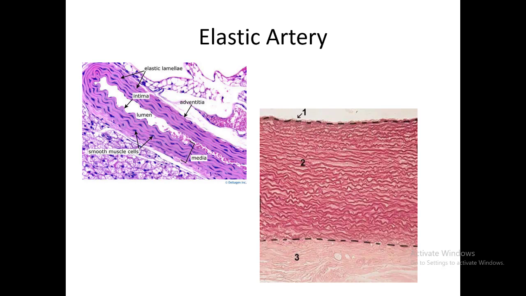In the elastic arteries such as aorta, we have many elastic fibers that compose the media, and in the muscular artery, we have smooth muscles at the media.